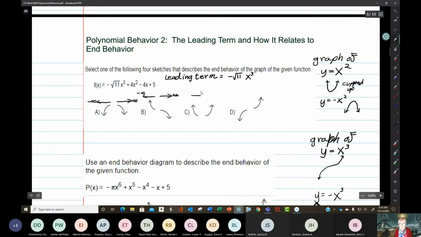I mean, what is the graph doing way out at the extremes? Because we never bothered to graph that. Negative infinity, positive infinity, and negative infinity, positive infinity.